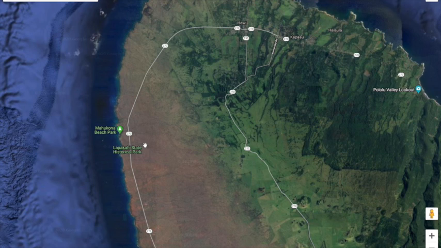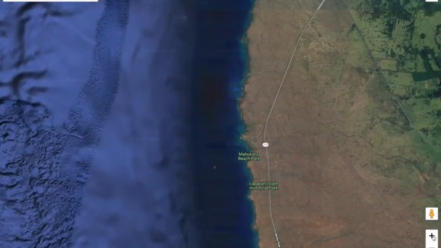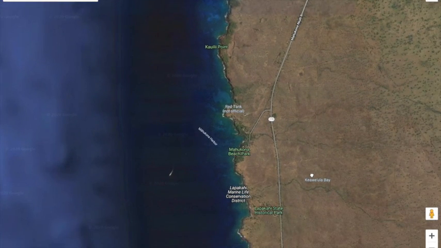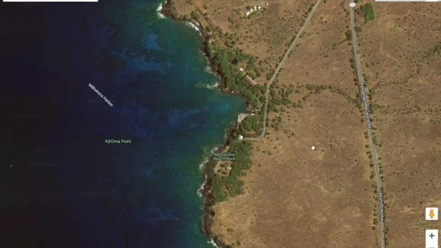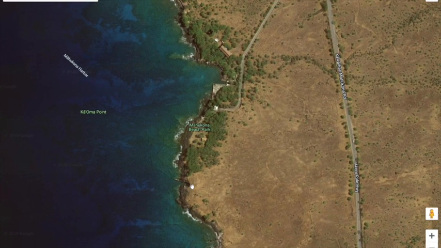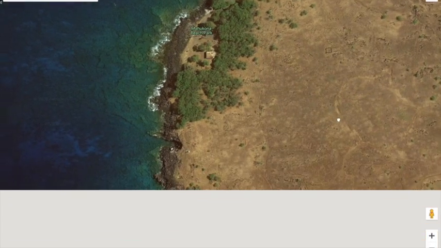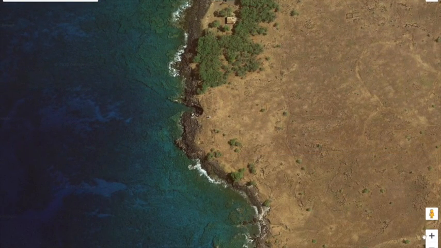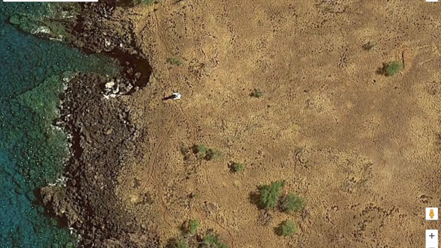Okay, let's take a close look at the grounds there. See the little lighthouse right here. Try to get closer. You see its little shadow right here. I'm standing right next to that monument. Or not a monument, but a landmark.